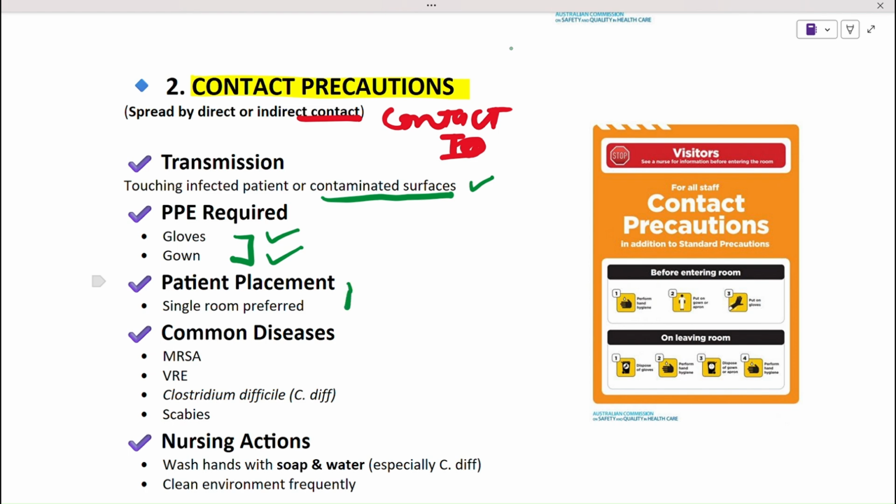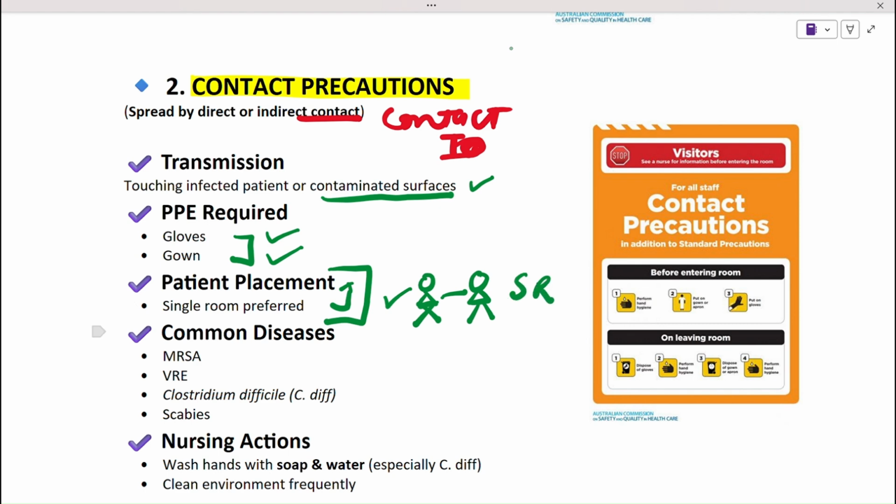Patient placement: single room preferred. If a patient has contact precautions, the patient must be in a single room, because if another patient is staying in the same room, it can spread to that patient as well. So it is a must that the patient stays in a single room.